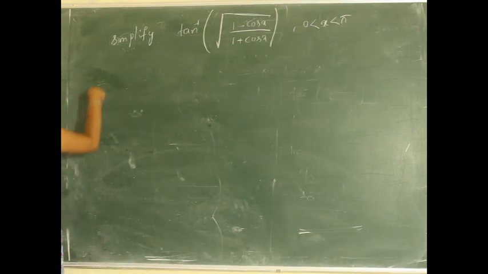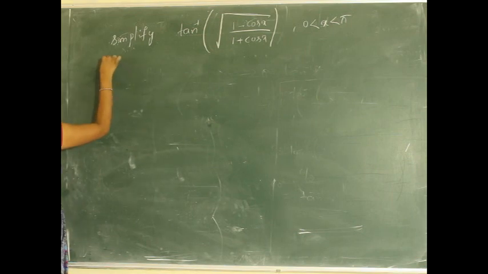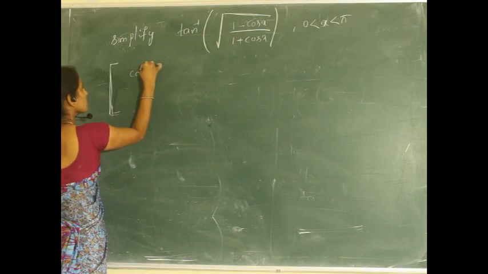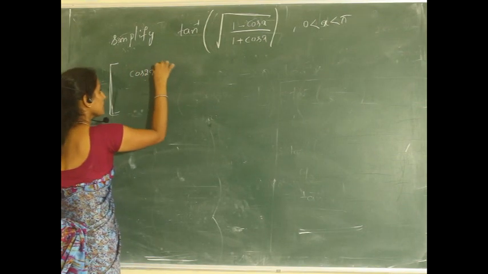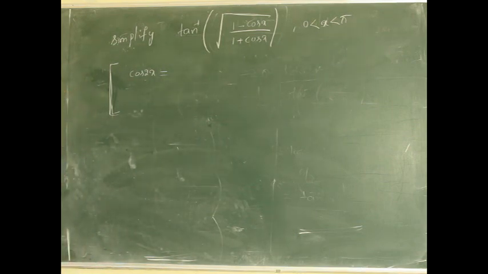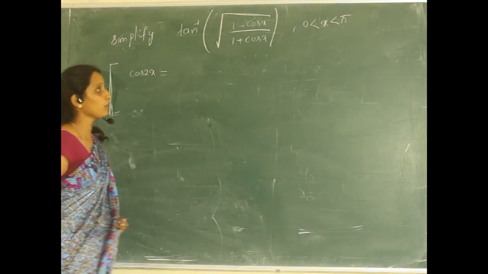So here you can write in the corner: cos 2x is one formula I have already written, 1 minus cos theta is 2 sin square theta by 2. Now I wanted to find out what is 1 plus cos x.